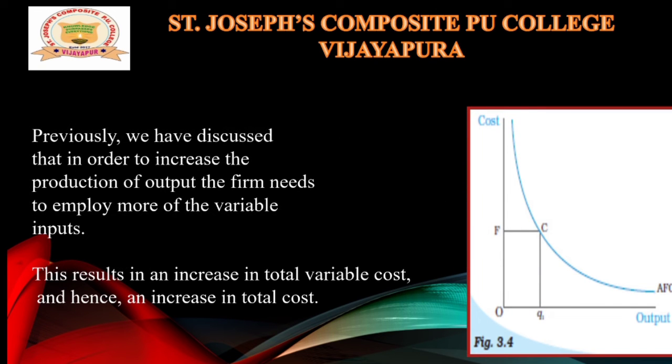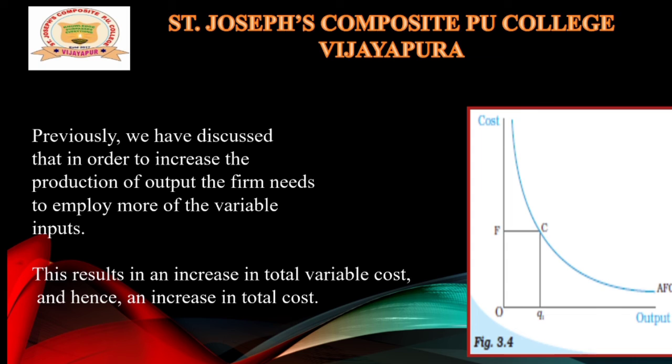Okay, dear students, you just observe this diagram here. The AFC shape, as we already know, is a rectangular hyperbola. Here we can observe one more rectangular shape, that is OFCQ1.